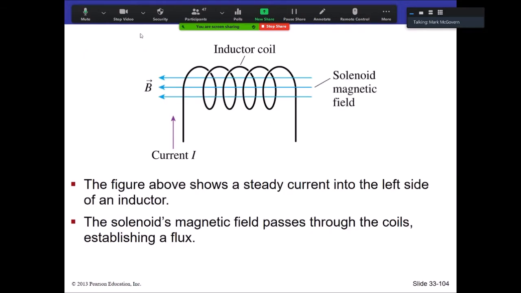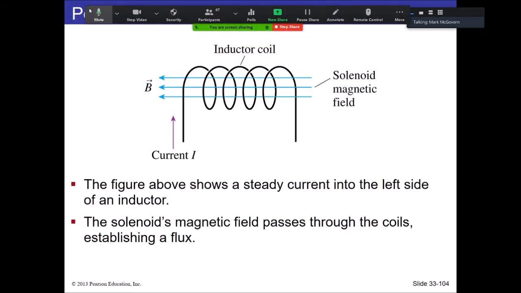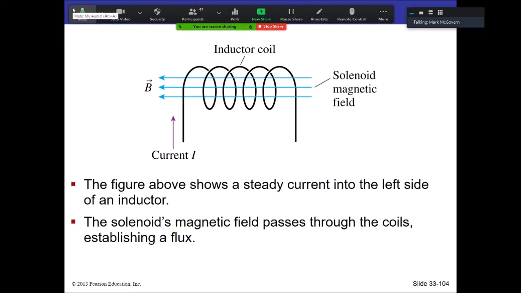Now, the inductor is not very interesting if there's a steady current going through the inductor, because that's no different than having a straight wire. So in this example here, our current is going up and over. So by the right-handed rule, the magnetic field is going to point to the left.